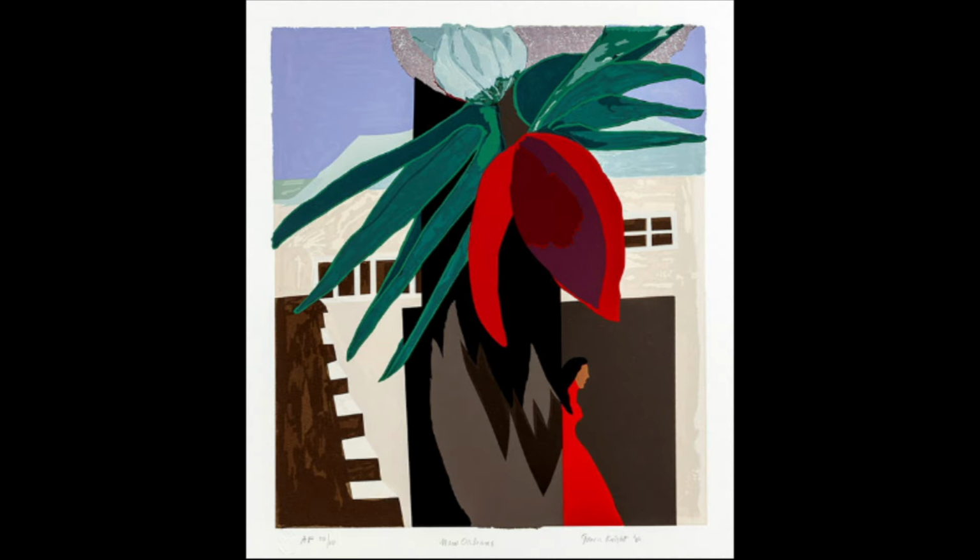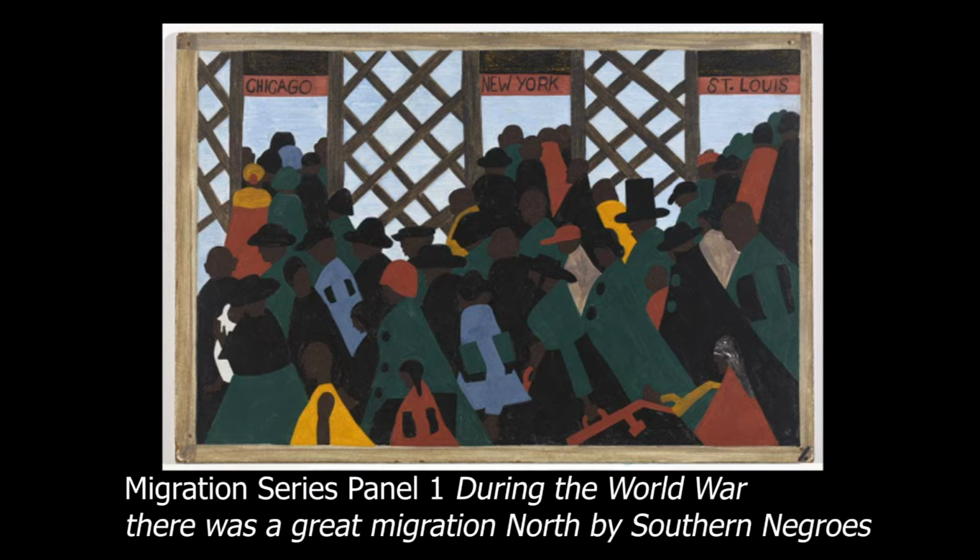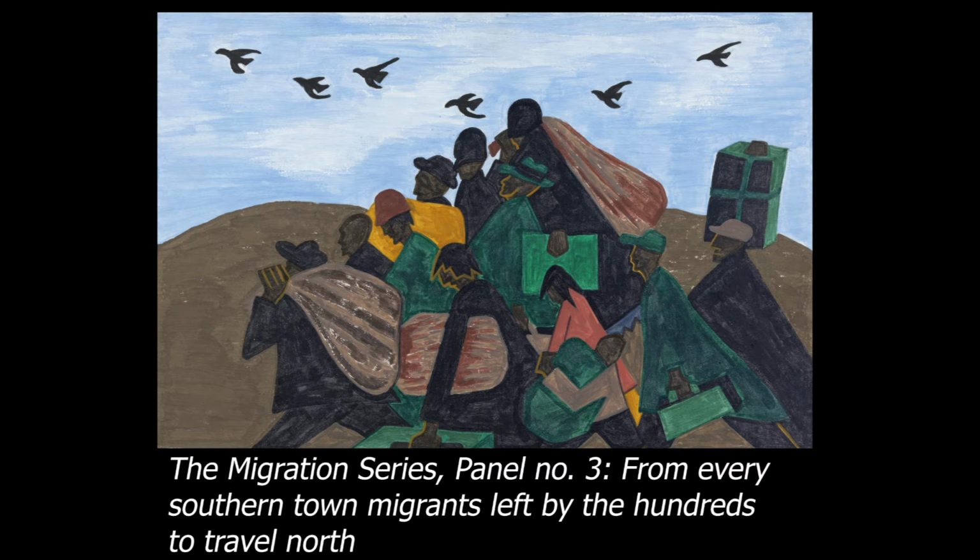Probably his biggest series was the Migration series, and it is 60 paintings on wood panels, and it showed the migrations of hundreds of thousands of Black people from the rural South to the urban North. So it was very racist in the South.